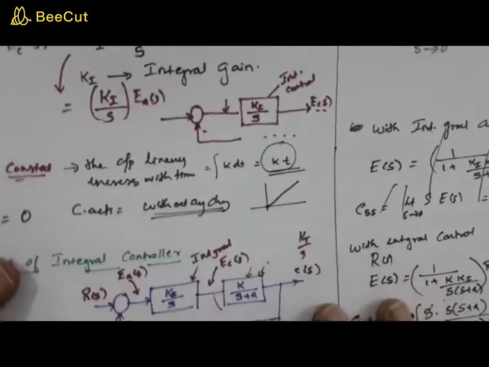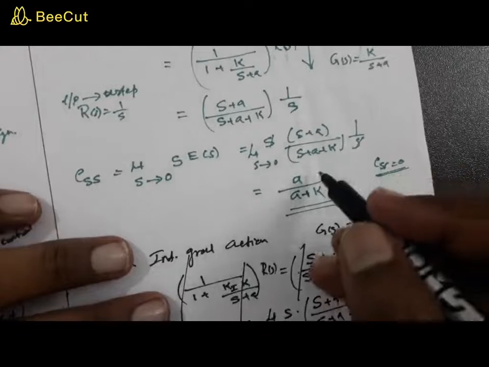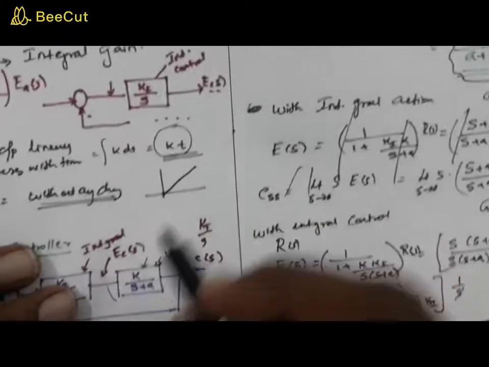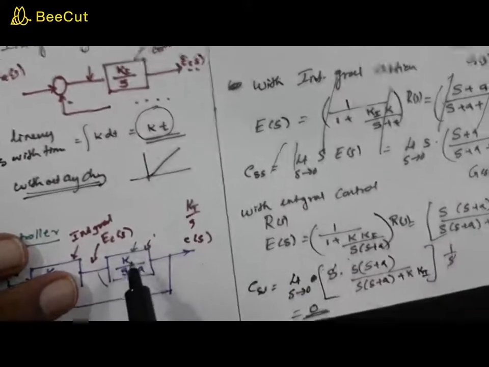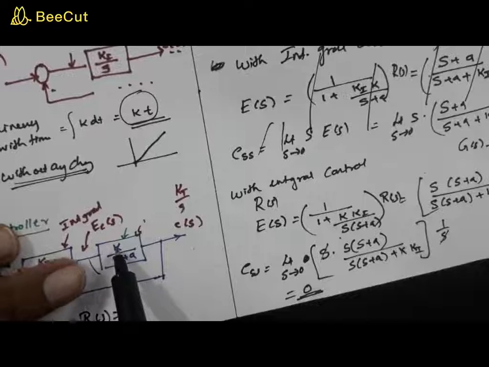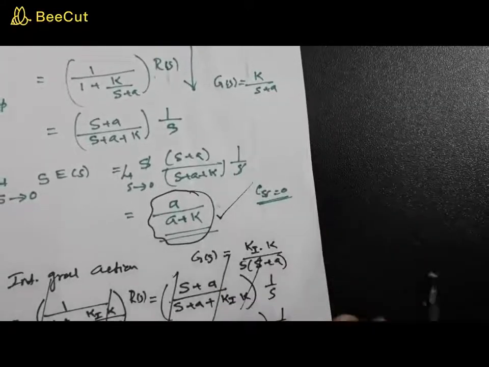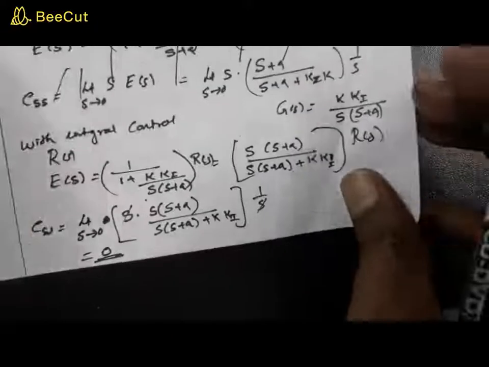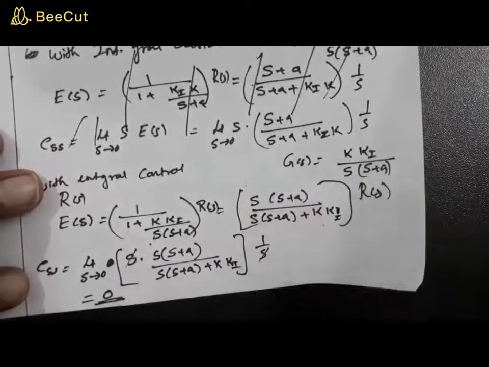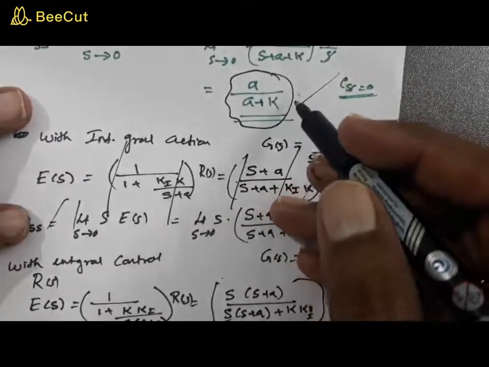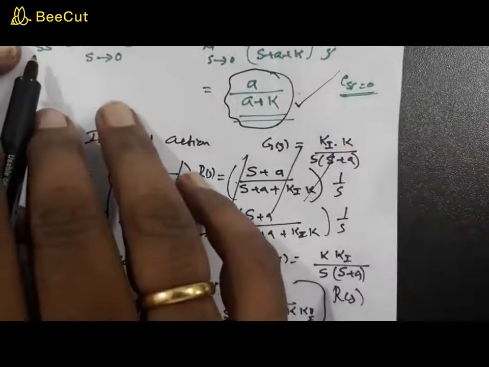Without the integral action, at the steady state there will be an error, and that depends on the parameters of the process, K and A. As long as there are values of K and A, there will always be an error without the integral controller. By putting an integral controller along with this, the steady state error has been reduced to 0.